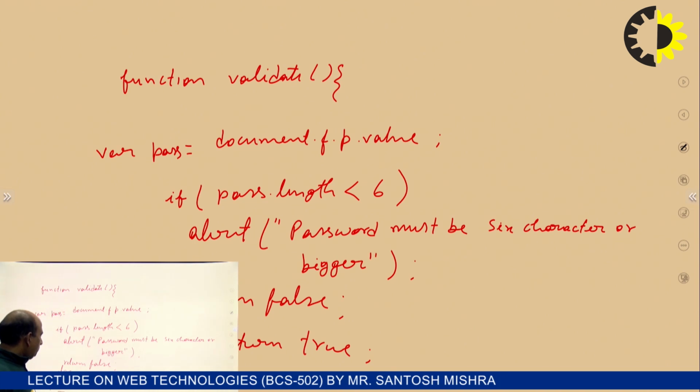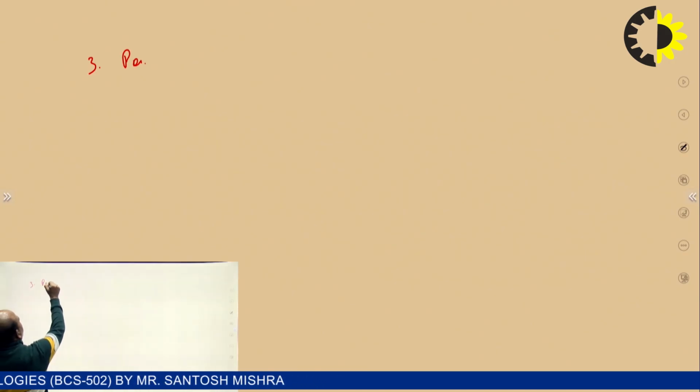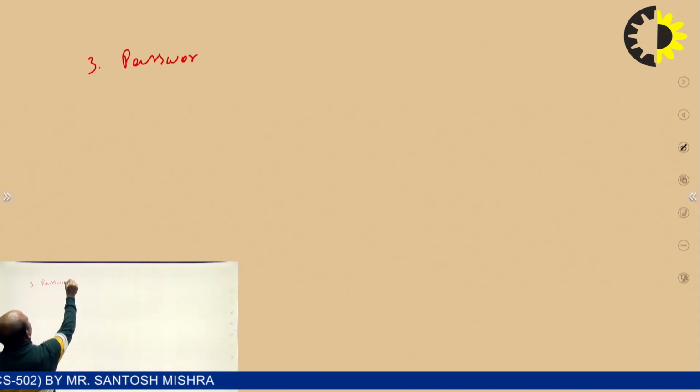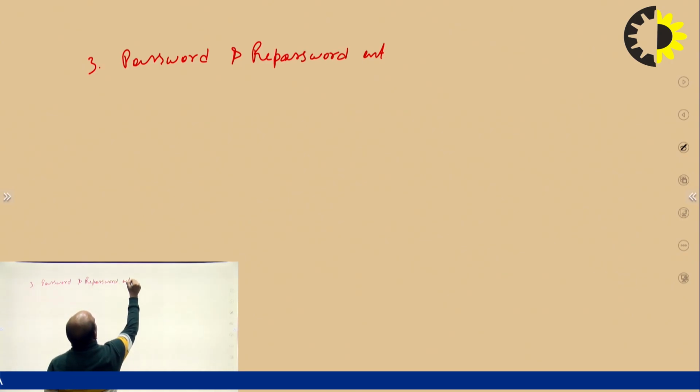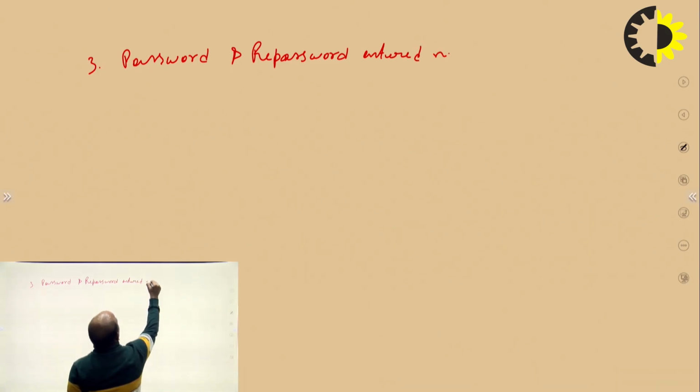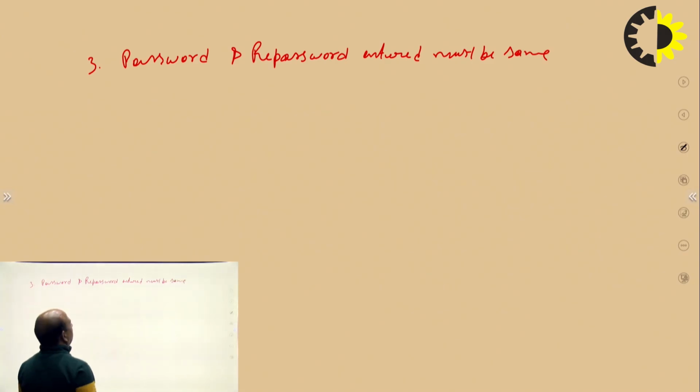We want to apply this validation. The third validation we are going to apply is that password and repassword entered must be same. You want to check whether the password entered or repassword entered are same or not. If it is not same, the alert message should be prompted, otherwise the form should go ahead.